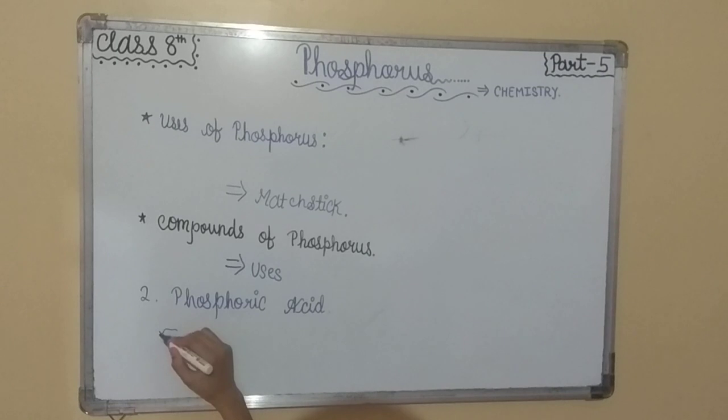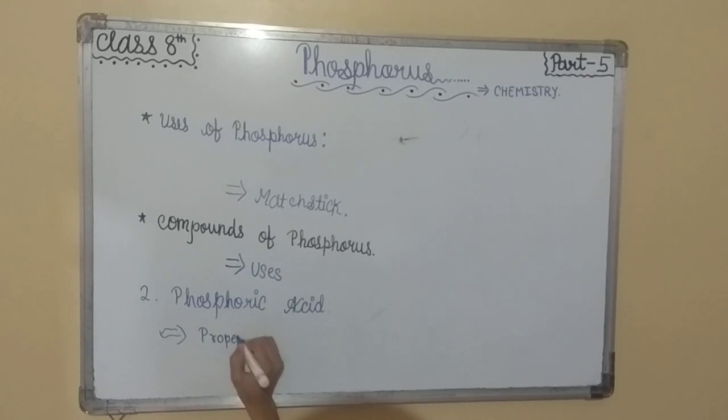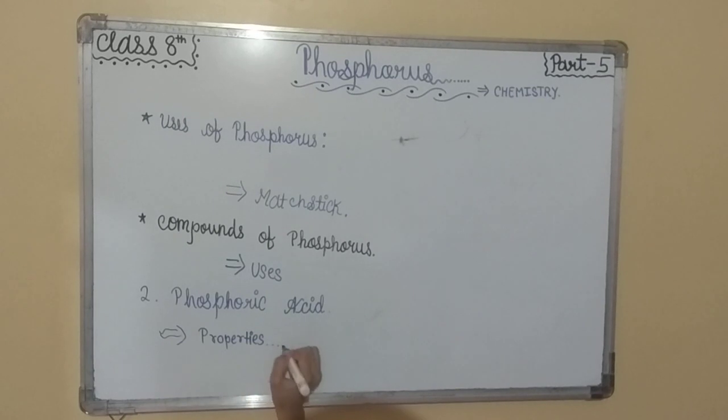Next are the properties of phosphoric acid. First point, phosphoric acid is a tribasic acid.